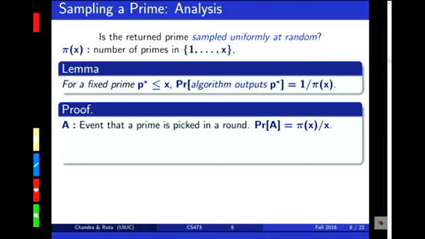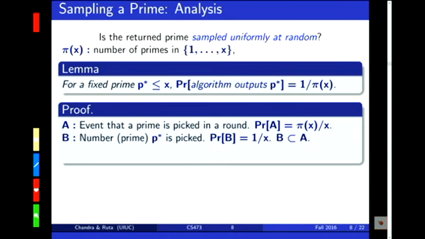What is the probability I pick 4? 1 over x. In one particular round, I am picking one number between 1 through x uniformly at random. So picking any particular number, that probability is 1 over x. Let's say B is the event that I pick a particular number, say p star, and the probability of B is 1 over x.